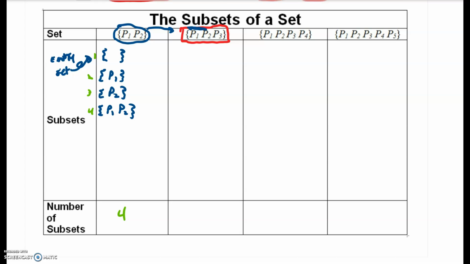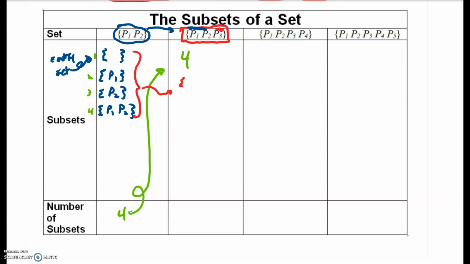So I know that the 4 subsets that we previously listed are going to be subsets of this set. In addition to those 4, we can take each one of these 4 and list them along with player 3.